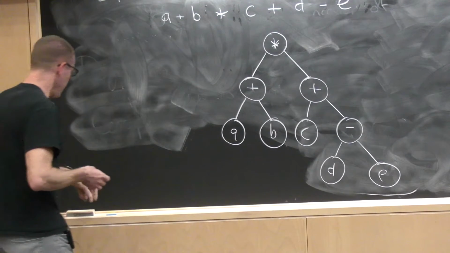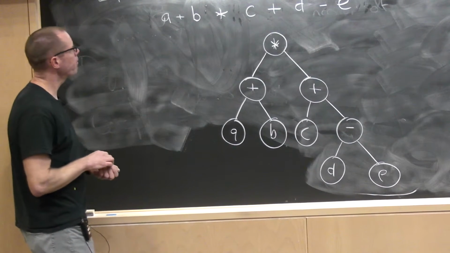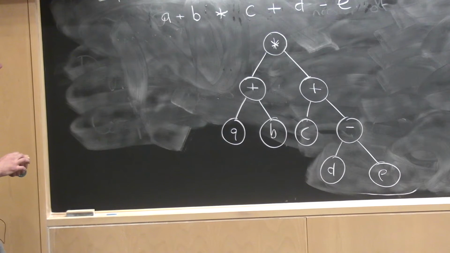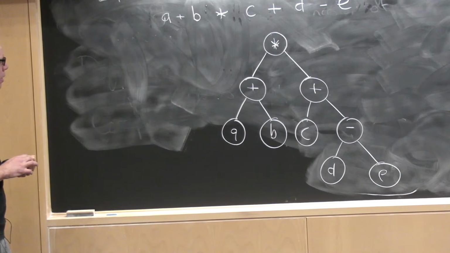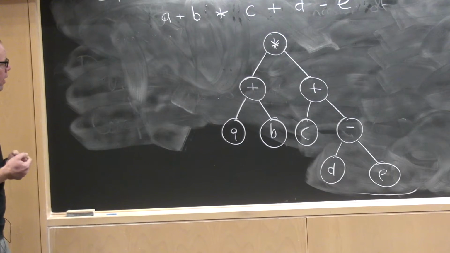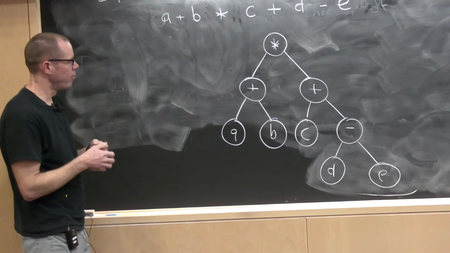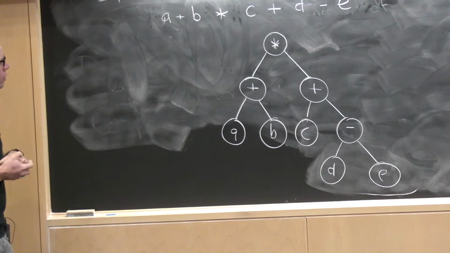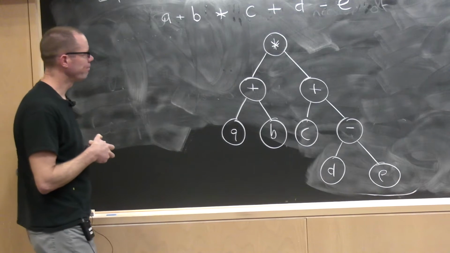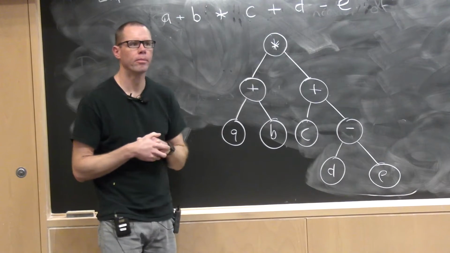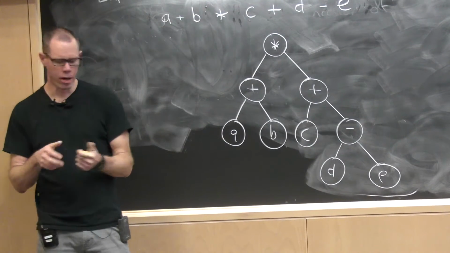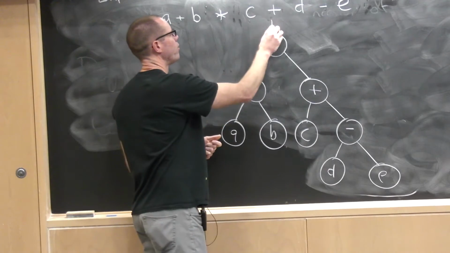All right. Now let's think about an expression tree here. If you give me an expression tree, at some point I want to evaluate this expression. So how would you do that? I want to know what value comes out of the root here.